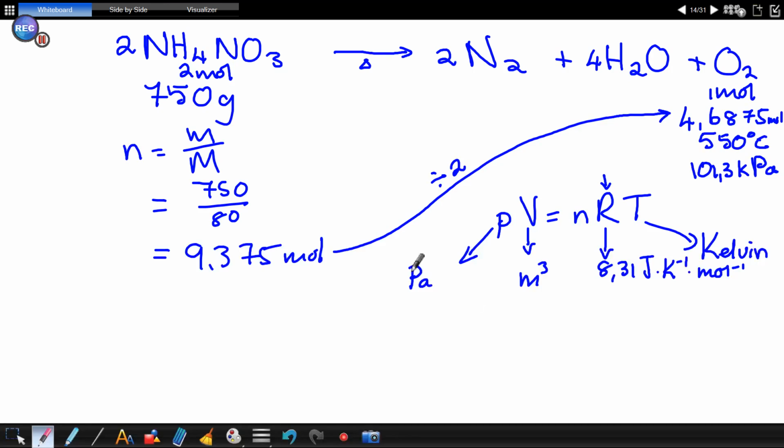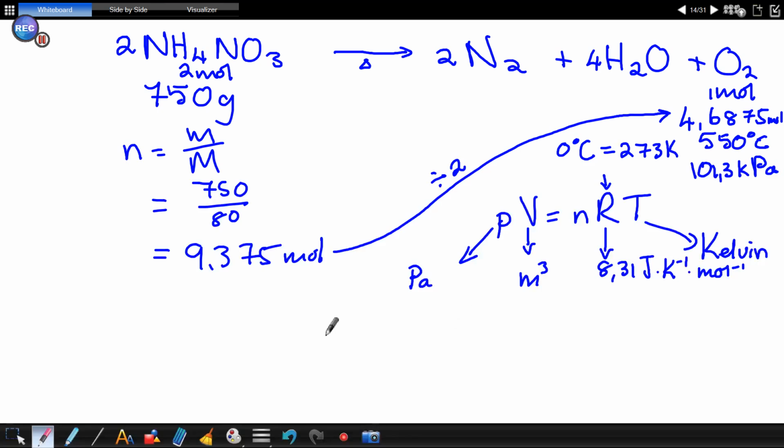Now we're not dividing here, but the whole setup for gases is to use Kelvin as a temperature. 0 degrees Celsius is 273 Kelvin. So all you do with the 550 is you add 273 to it.